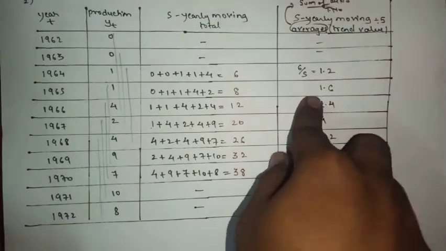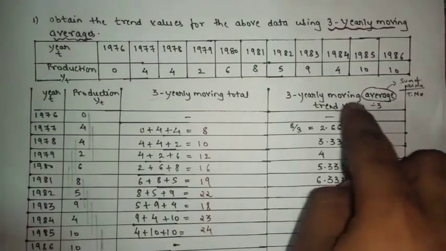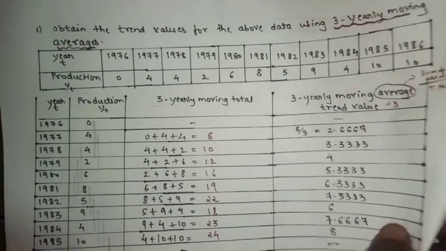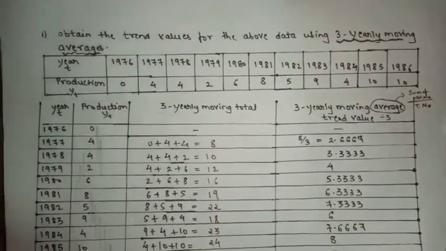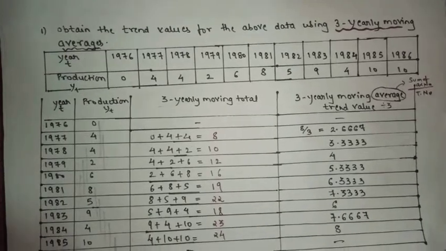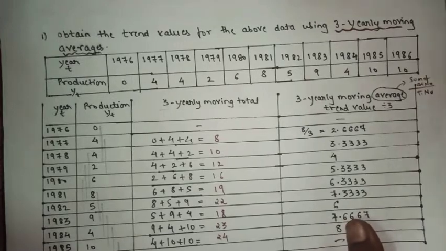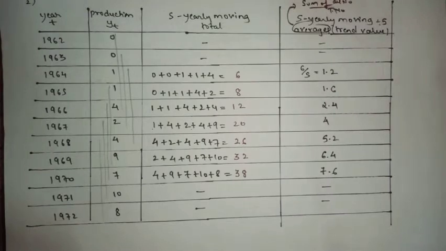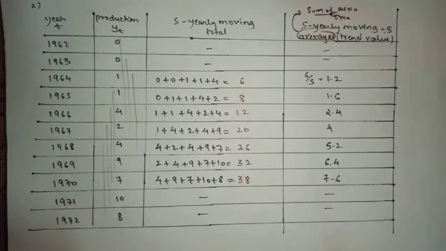In the last column you divide by 5 for the 5 yearly moving average, and divide by 3 for the 3 yearly moving average. Understood? Got the idea how to find the answer for 3 and 5? As they are odd numbers, the methods are the same, but for the 4 yearly moving average, the method is a little different. So now we'll take one example based on 4 yearly moving average.